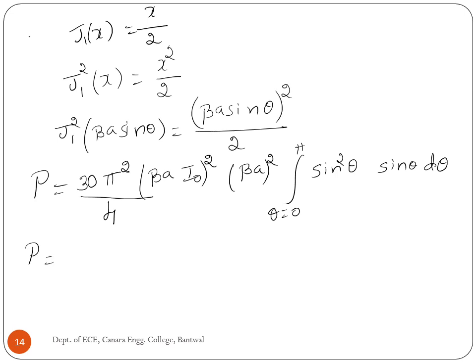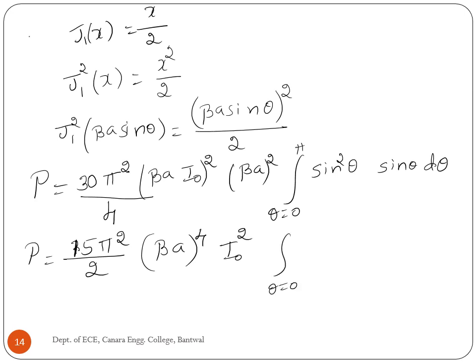Therefore, P is equal to 15 pi square divided by 2 beta a to the power 4 I naught square, integration of sin cube theta d theta for a limit theta is 0 to pi.